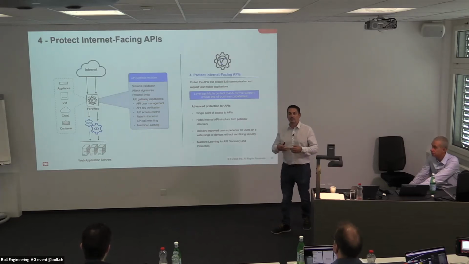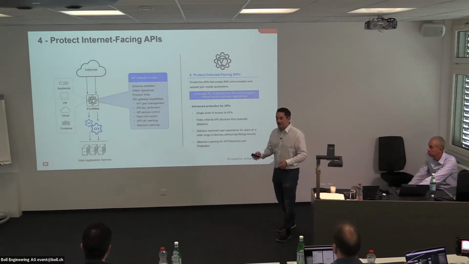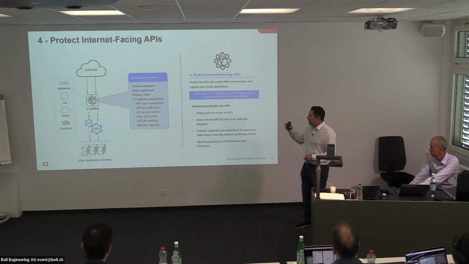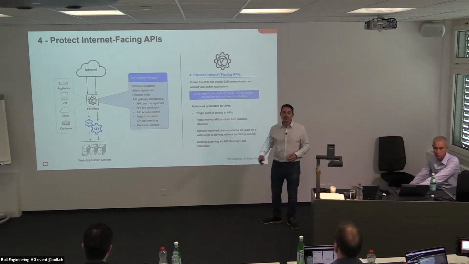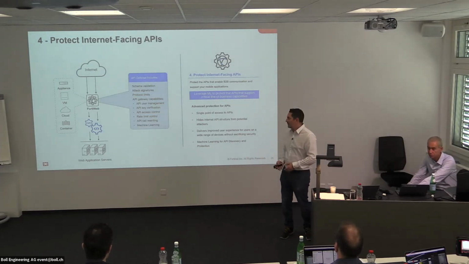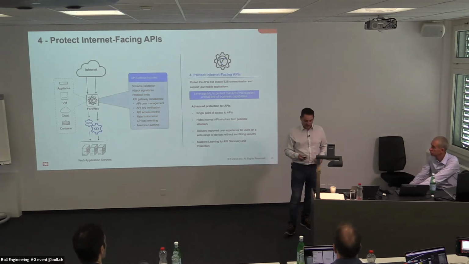For example, if you have some, I would say, admin access or admin requests into your API call, then you can do it. And what we introduce in our new version of FortiWeb is this machine learning for API discovery. So we will see in more details what's behind and what is covered in this API discovery and what is the benefit out of it.